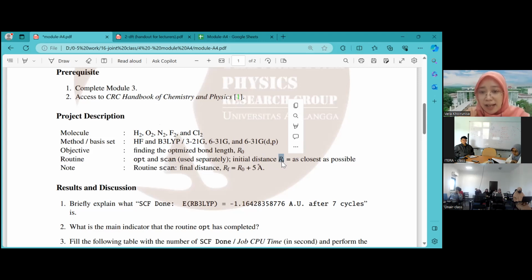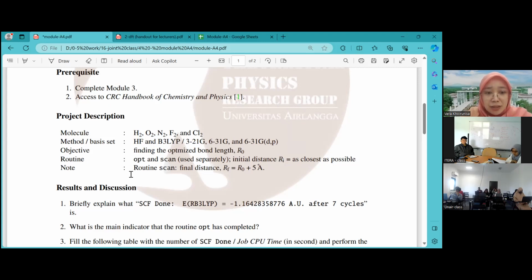The RI is the closest possible distance. So you can check how long the closest possible distance is that you can calculate.